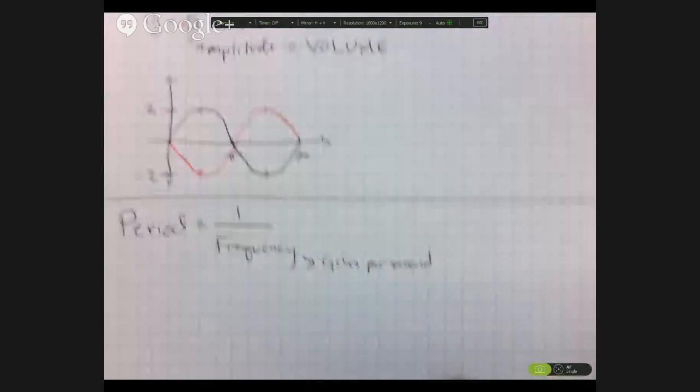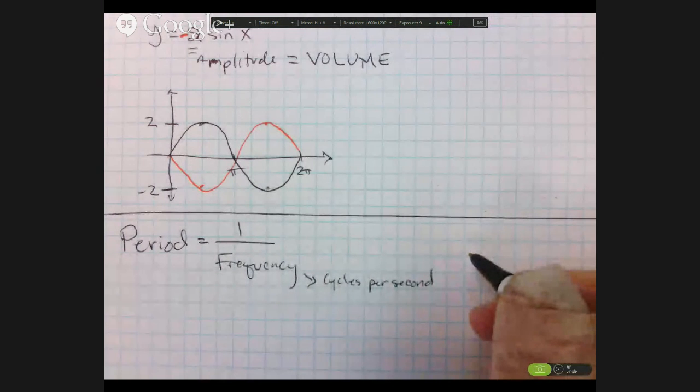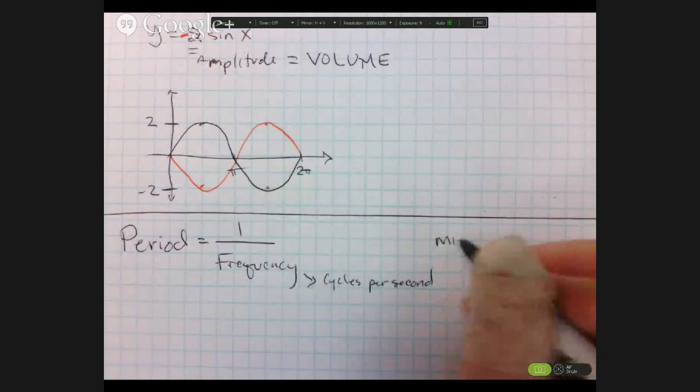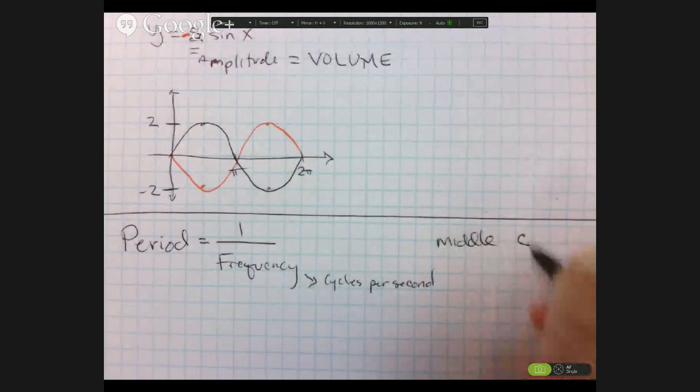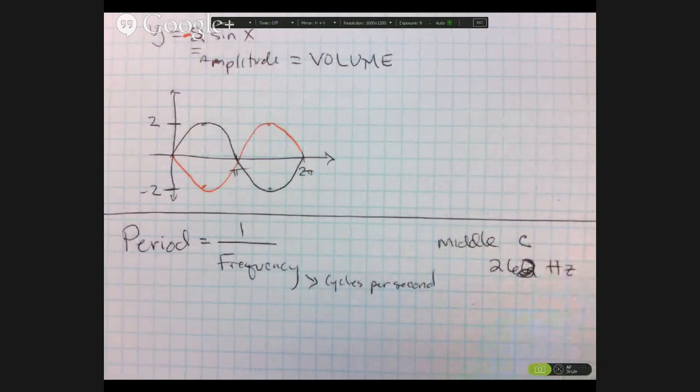Okay. So let's say a middle C, very commonly used. 262 hertz.